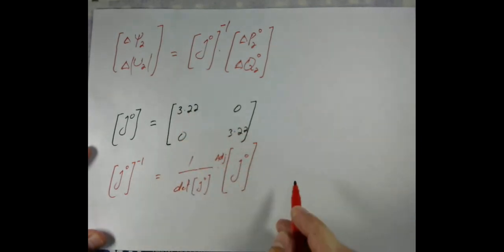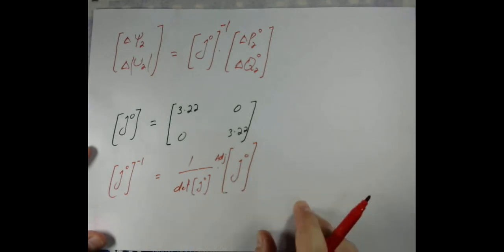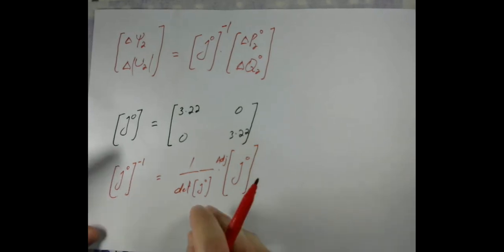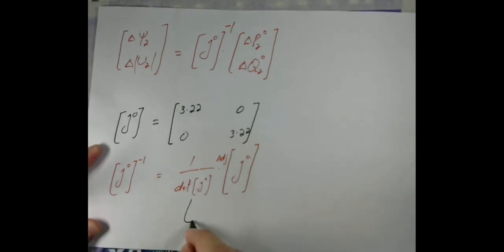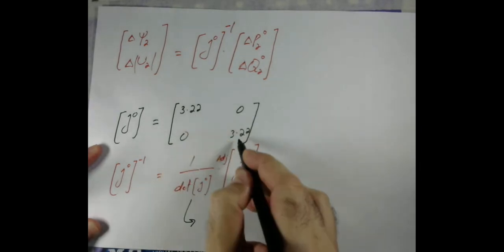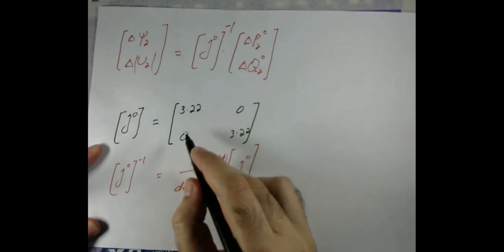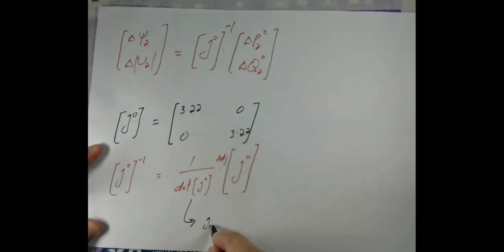You know the determinant from mathematics quite in detail. The determinant will be equal to J11 into J22 minus J12 into J21.